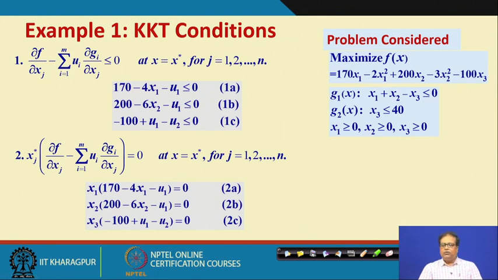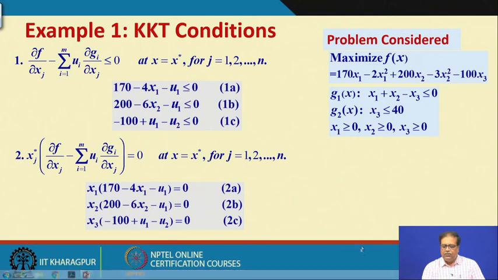As I have shown you in the previous lecture, a simple way to obtain the conditions is to write out the Lagrangian function. We have f(x), and we have g1(x) and g2(x).